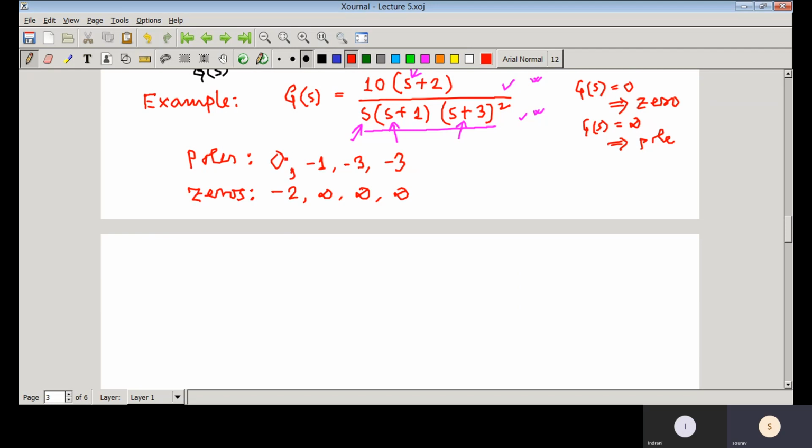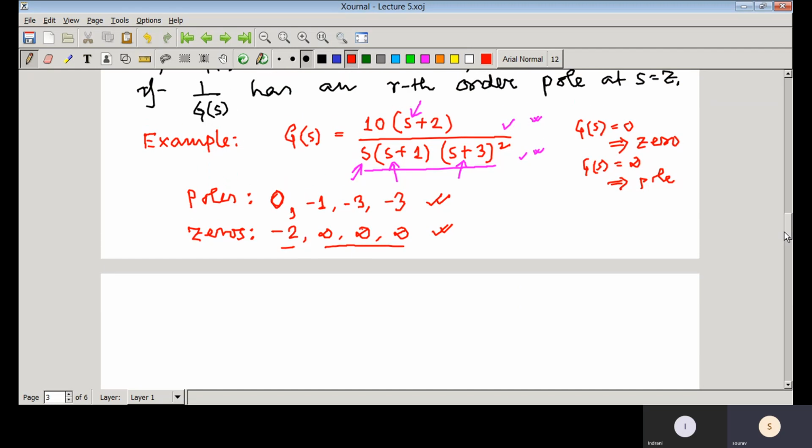So number of poles and number of zeros are same, but the point is in this case you have only one finite zero and other 3 zeros are at infinity. So this is an important concept which will be required in control analysis.